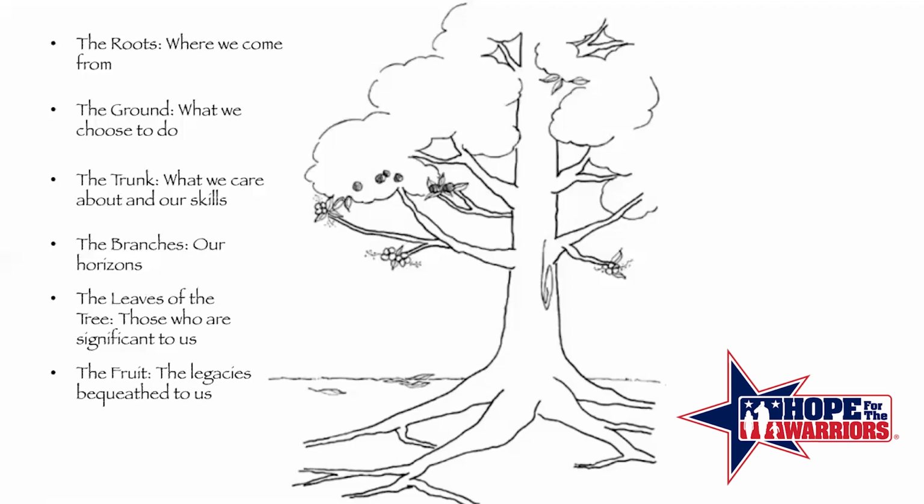Consider what legacies they've passed on to you. These may include gifts like patience or courage, or they may be material gifts that have been significant to you, or they may be skills or associations, like an old family recipe. Pause the video as you write down the legacies that have been left to you.